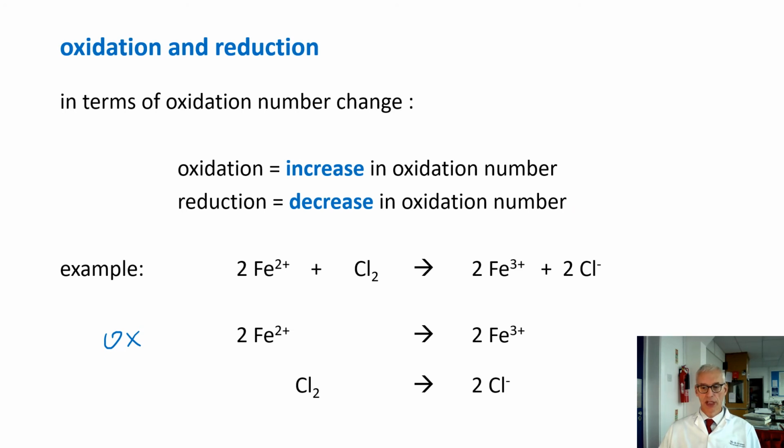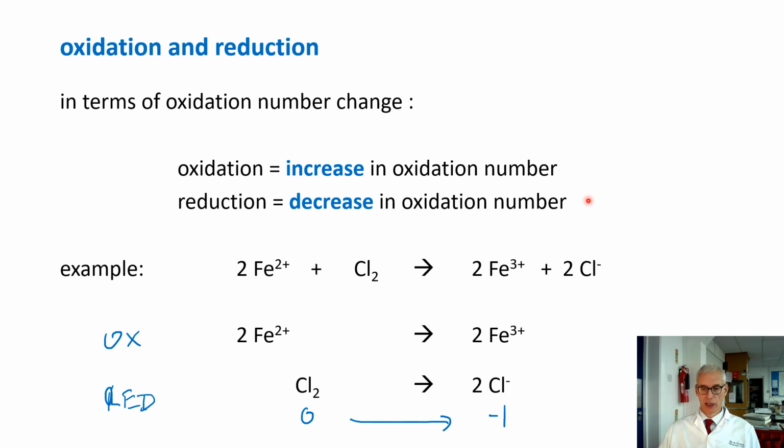And we can see here that the change for chlorine was defined as reduction. Here, the oxidation number of an element is 0, of the chloride here is -1. So yes, 0 to -1 is a decrease in oxidation number, and that is fitting the definition of reduction.